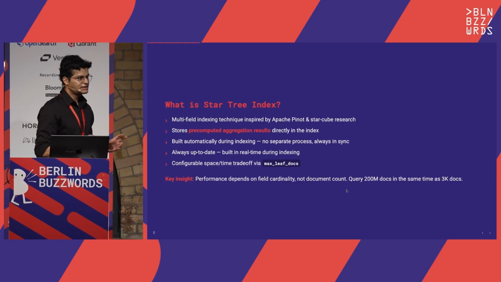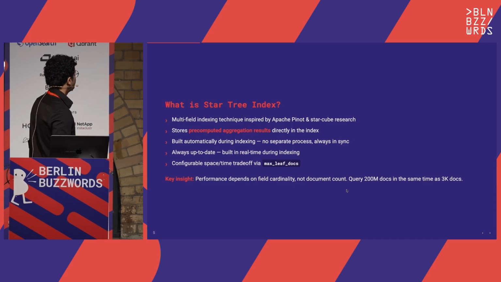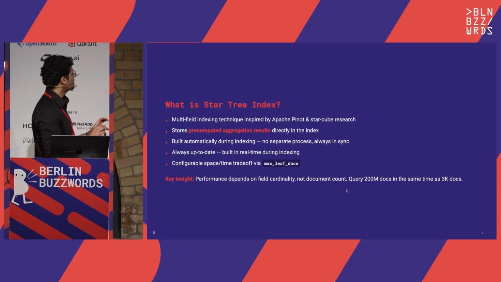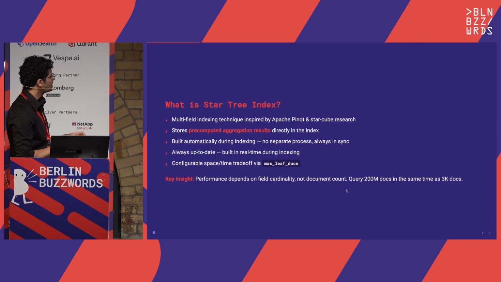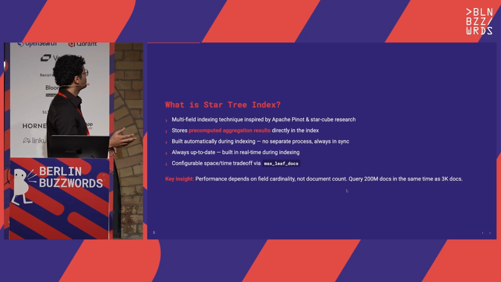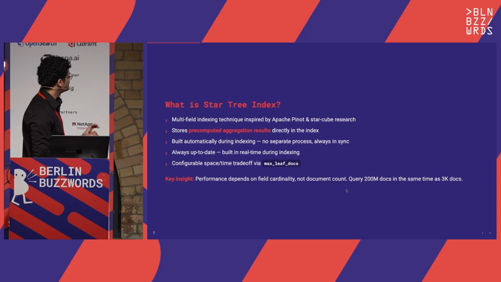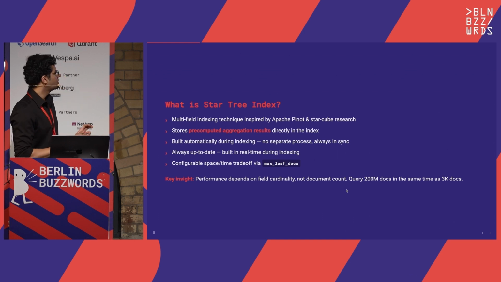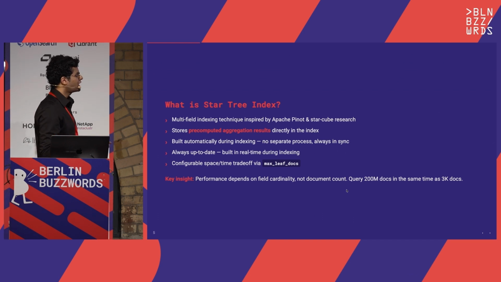It is always in sync with your data, always up to date, and you can also configure and trade space versus time using a parameter called max leaf docs. We'll talk more about this parameter in the upcoming slides, but the key insight is that the performance should depend on the field cardinality and not the document count. So you should query 200 million docs in the same time as 3000.